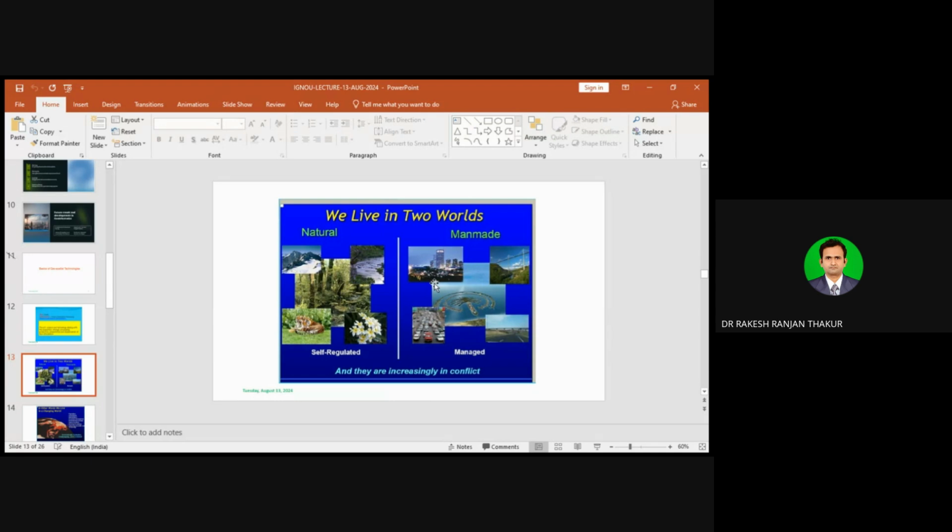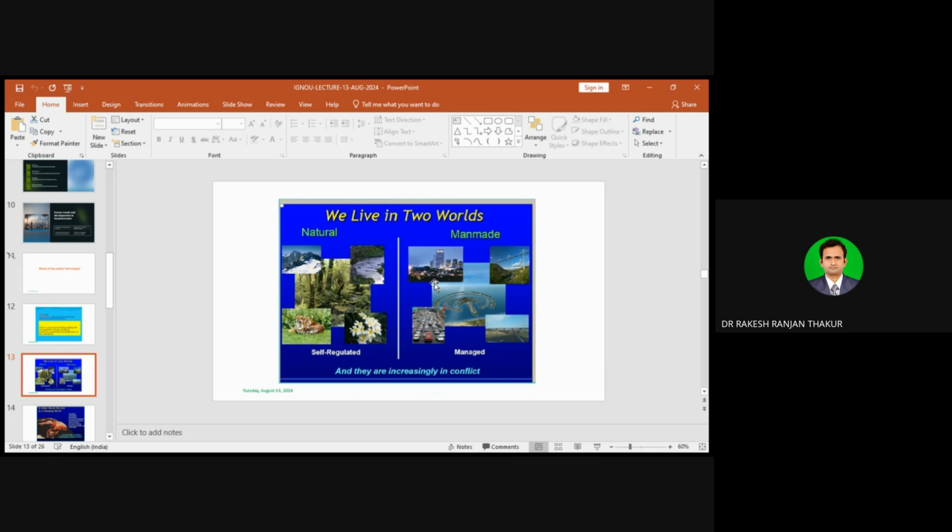No one is going to regulate them. But on the right side, in man-made, we are managing it. They are increasingly in conflict. बहुत सारा conflict होता है. Why have I given this particular slide? You will know in the next slide.